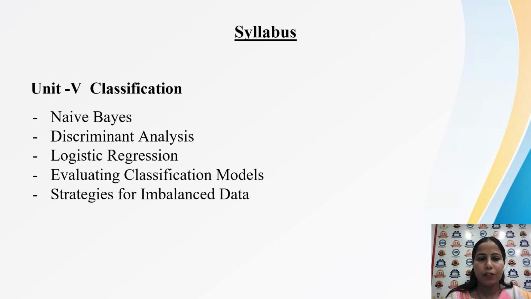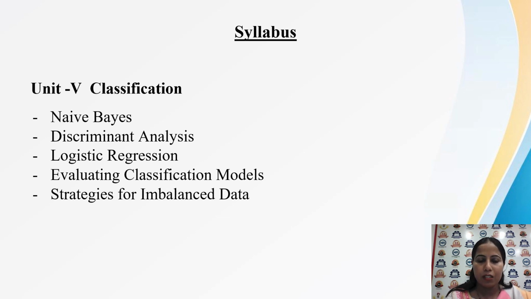In Unit 5, we will see various classification techniques such as naive-Bayes classification. Naive-Bayes classification is used for binary classification as well as multi-class classification. Unit 5 also focuses on discriminant analysis and logistic regression. Logistic regression is used when the outcome variable is of categorical nature or binary in nature. And here we will also study how to evaluate classification models.